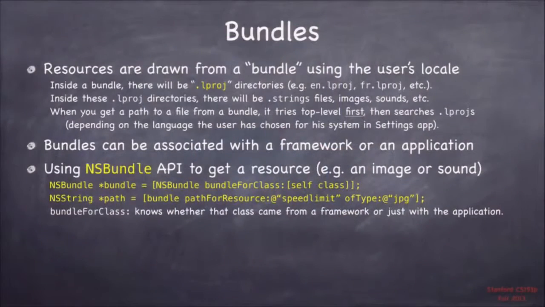There's fr.lproj, that's French. And inside the lproj is all the strings files for localizing to that language. Okay, it's as simple as that. So you might have 25 .lprojs. If you support 25 languages, in all of them there'll be a copy of the strings files that are edited.